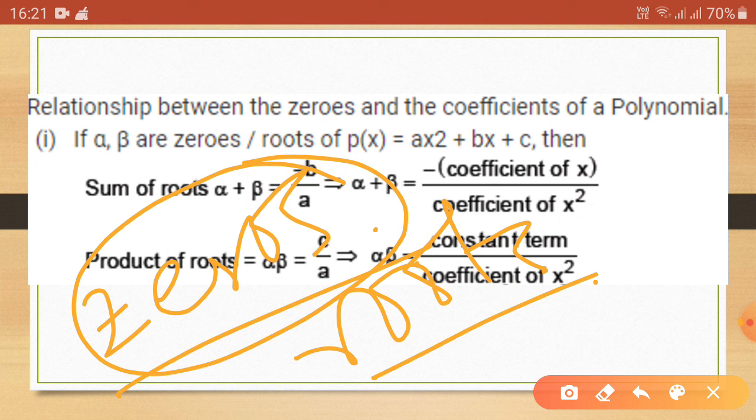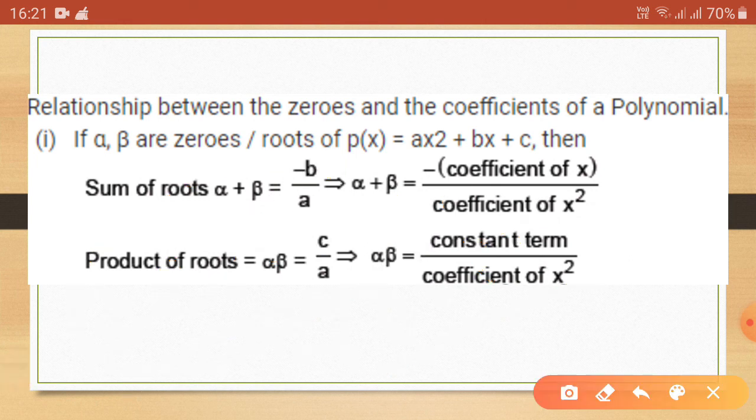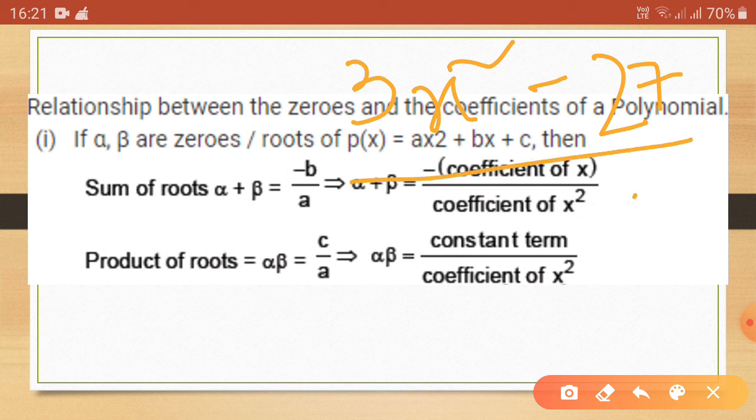Okay, so we are taking one simple example, suppose I am writing 3x square minus 27. We are trying to find out what value or values of x will make it come out to 0.